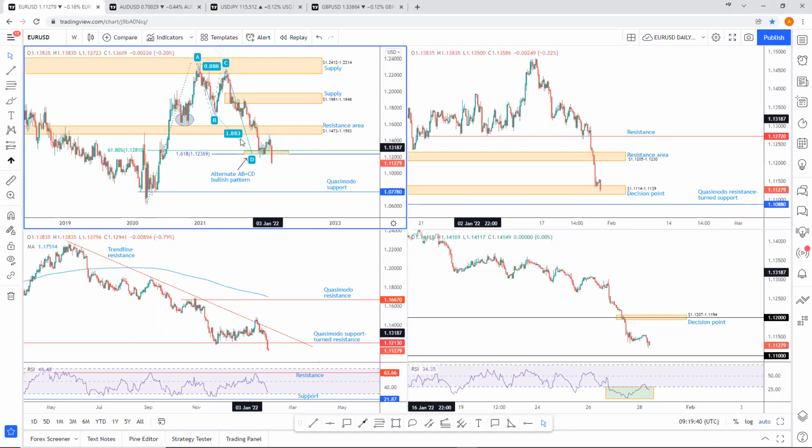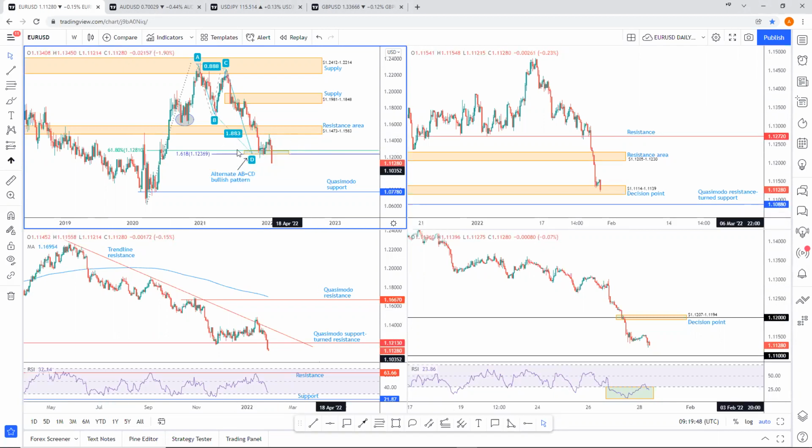It's taken out weekly Fibonacci support between 12.37 and 12.81. Now, this is, as I said, a Fibonacci support, and also an alternate AB equals CD bullish pattern. Now, should we continue lower, further downside on this chart could drop the currency pair as far south as Quasimodo support at 0.778.